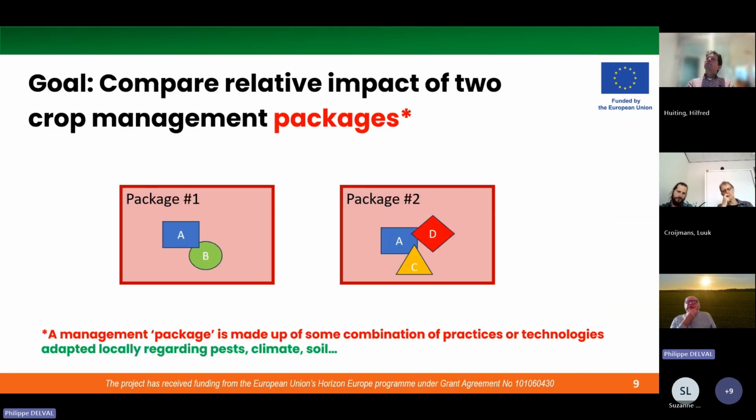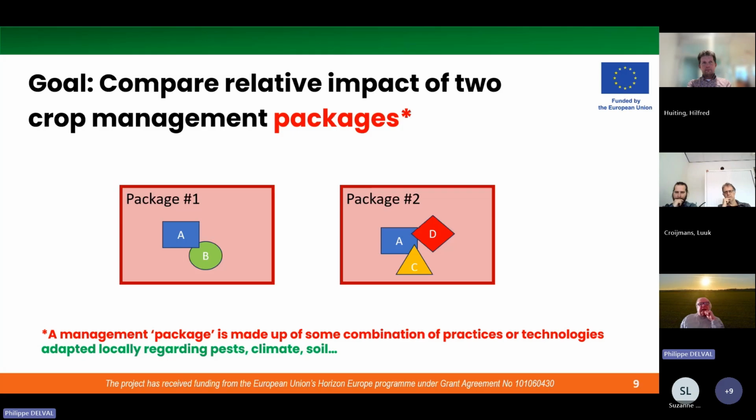The objective of this tool is to compare the relative impact of two or more crop management packages, because in the demonstration trials we have the possibility to have at least two packages, but we can put more if we want.